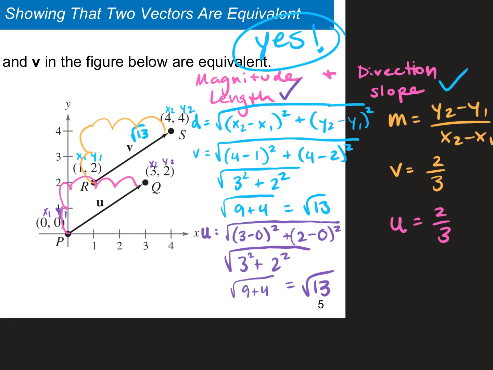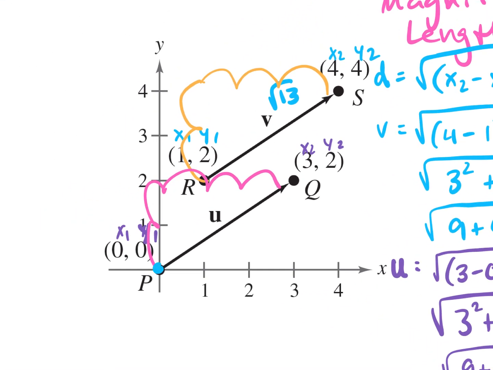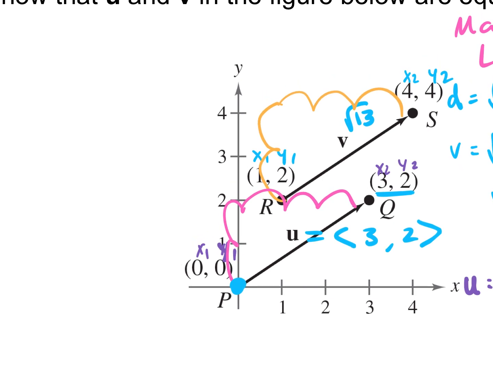Because u starts at the initial point 0, 0, my component form for u would be the same thing as this, 3, 2. But v doesn't start at 0, 0. So this is when I would have to do terminal minus initial. Which one's terminal, which one's initial? Initial is where we start, and terminal is where the arrow is, where you end.